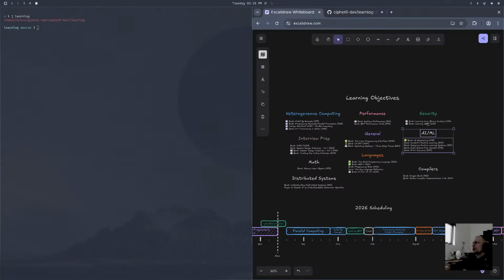Let's bump them all up. Compilers. Okay. So that leaves distributed systems just hanging out down here.